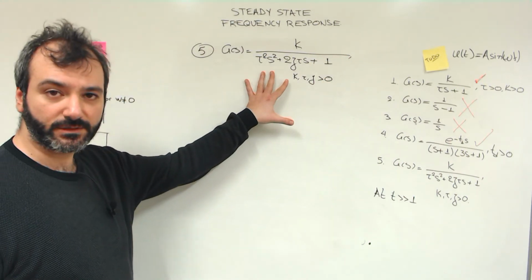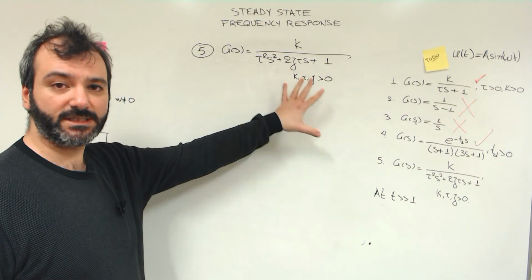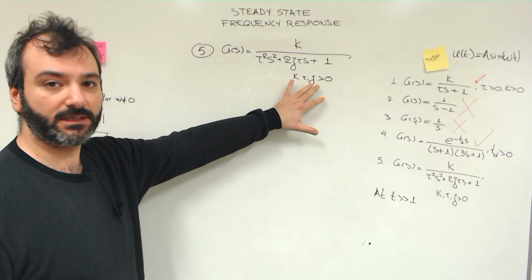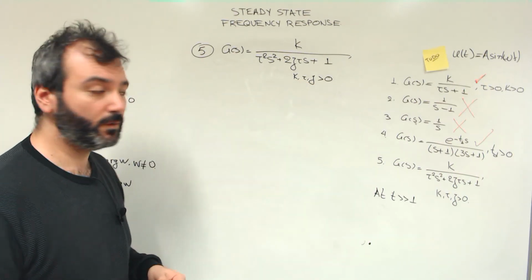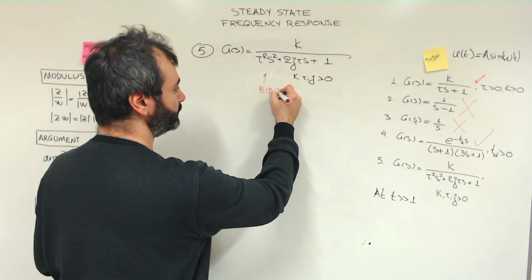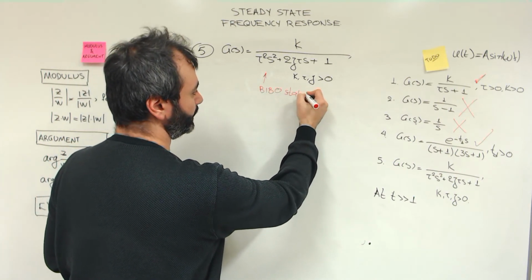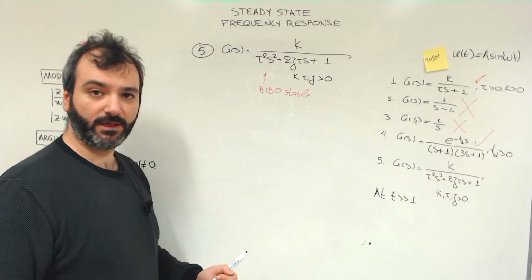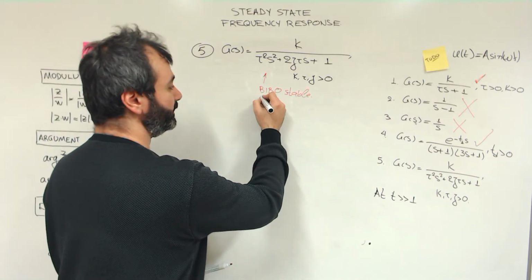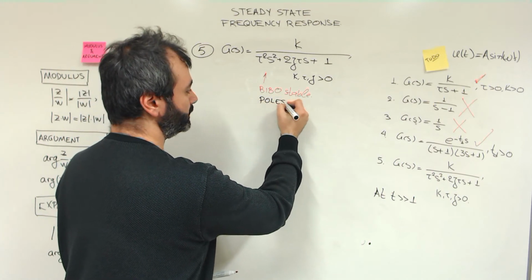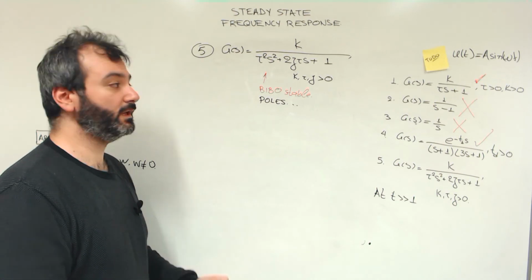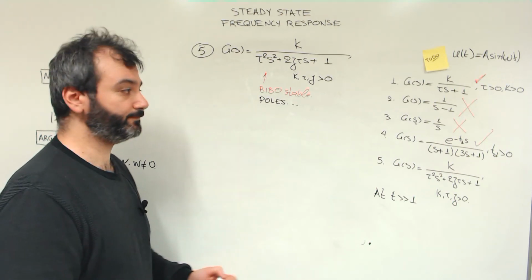This transfer function is the transfer function of a second order dynamical system where k, tau and zeta are positive, and we know that second order systems are BIBO stable. You shouldn't take my word for it. You can find the poles of this transfer function and make sure that the real parts of these poles are always negative.